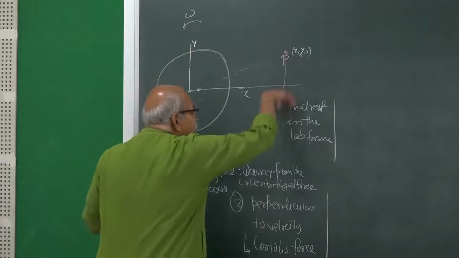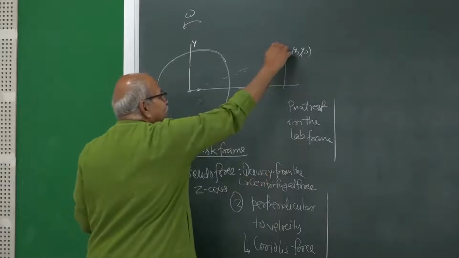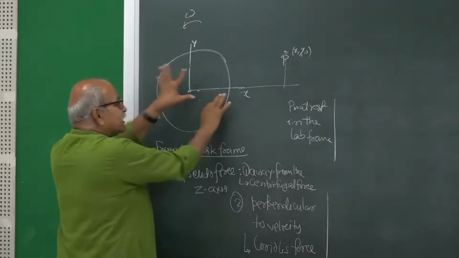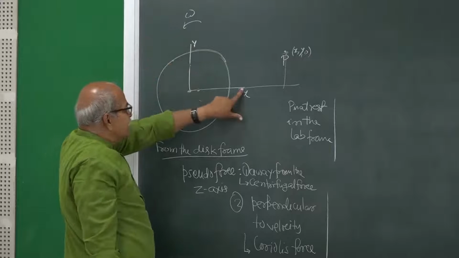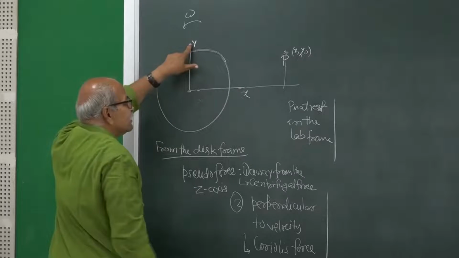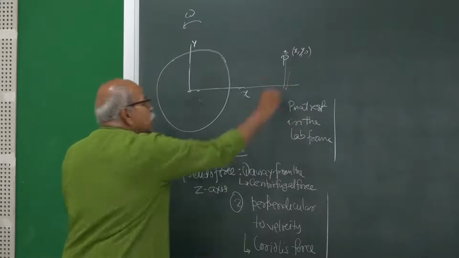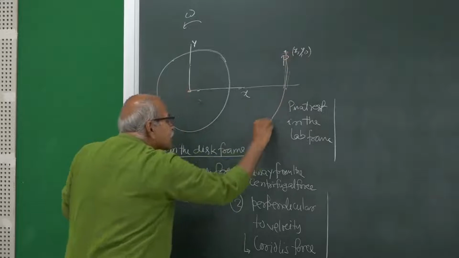From the disk frame, my frame is not rotating. In the disk frame the x axis is fixed, the y axis is fixed, and therefore the particle is here, and then the particle comes here. If you work it out, it is going in a circle.